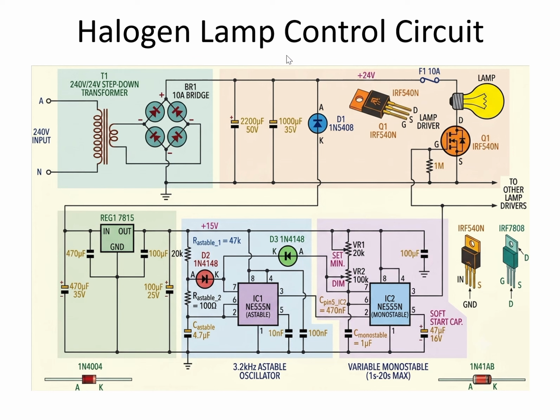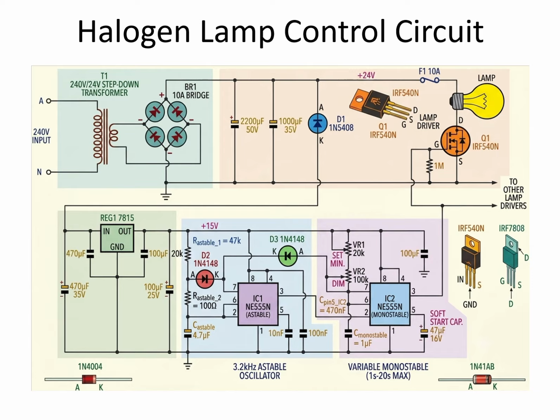Then it is given to the bridge rectifier, which converts the voltage into the required DC voltage of up to 24 volts. Sorry, this transformer is 24 volt, sorry for mentioning it as 12 volts. So it gives 24 volt DC output. Then there are two capacitors here, which are used for improving the DC quality.